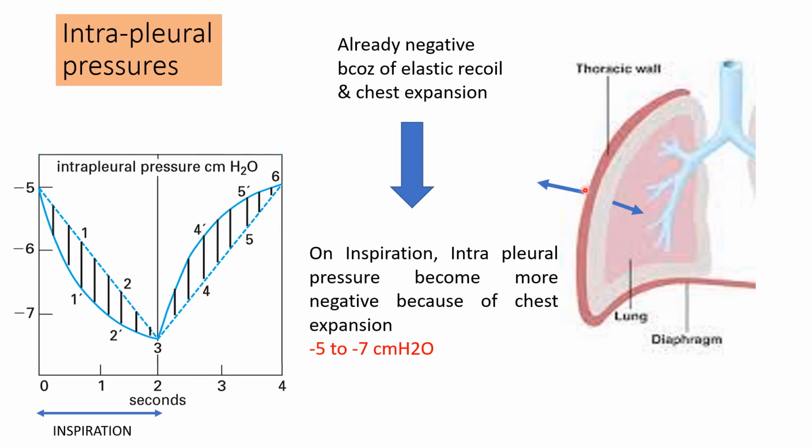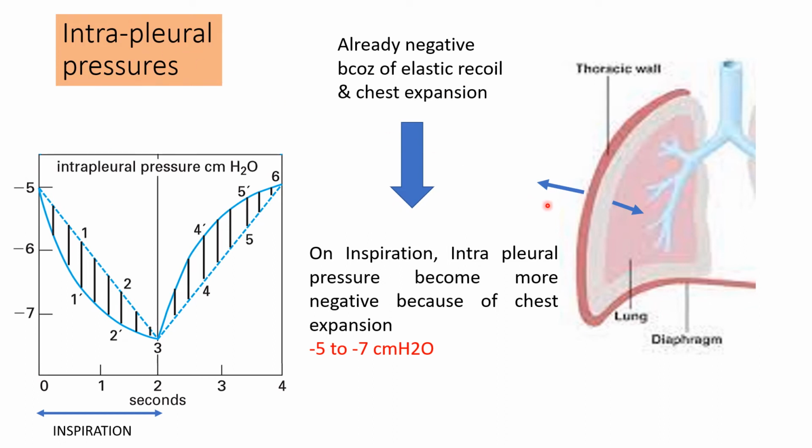So the chest expands outward, while the elastic recoil of the lung keeps them moving inward. These two forces act opposite to each other. That's why the pleural pressure is negative, already negative because of elastic recoil and chest expansion. So we already have a -5 pleural pressure.